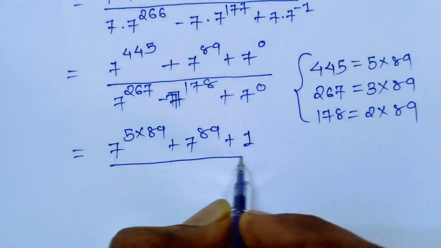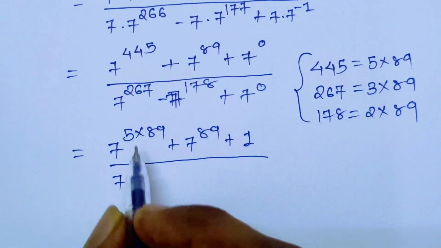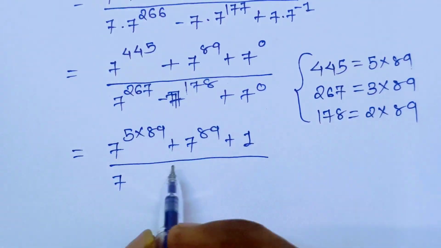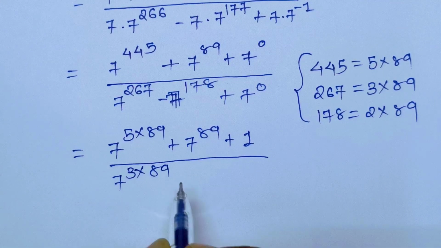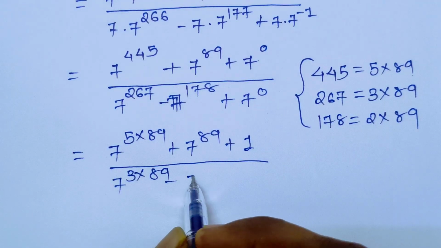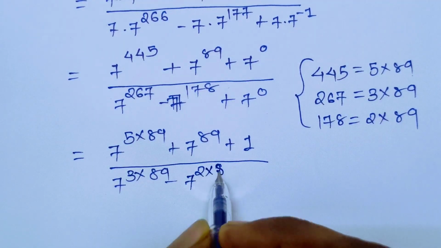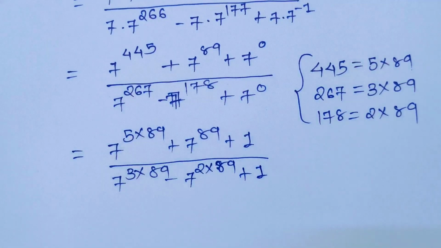This is divided by 7^267, which is 3 into 89, minus 7 raised to 2 into 89, plus 1.